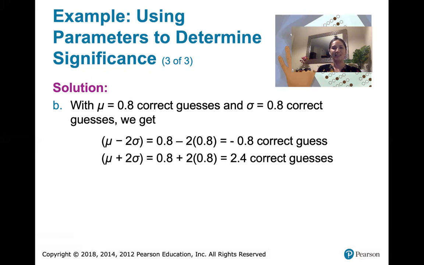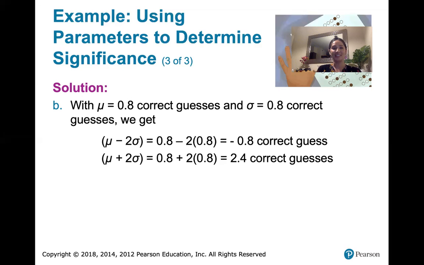But if we're just looking at the numbers, that lower bound is negative 0.8 of a correct guess, or 4/5 of a correct guess, but negative, which doesn't quite make sense, but that's the value we get. If there was any number of correct guesses that was lower than that, then that would be significantly low, but there's not, because there are no numbers of correct guesses that are negative.